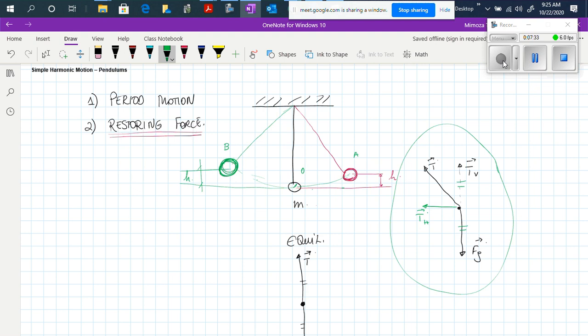Now you may say, "Miss, this is not true, because if I have a pendulum, the pendulum will do some motions and then will stop." The reason the pendulum stops is because of the resistance it experiences from the air surrounding it. It's not that the law of conservation of energy doesn't work.